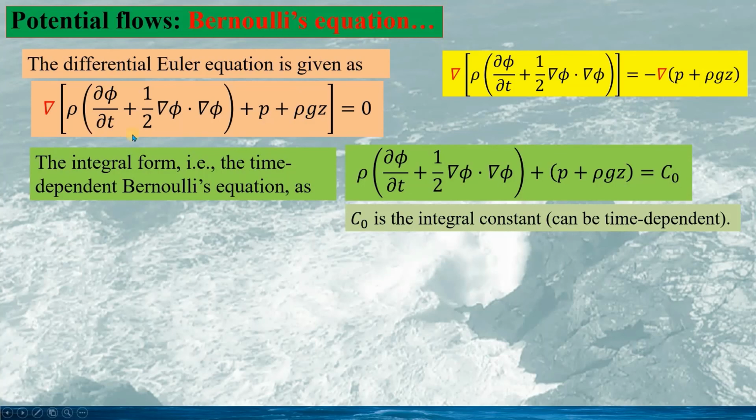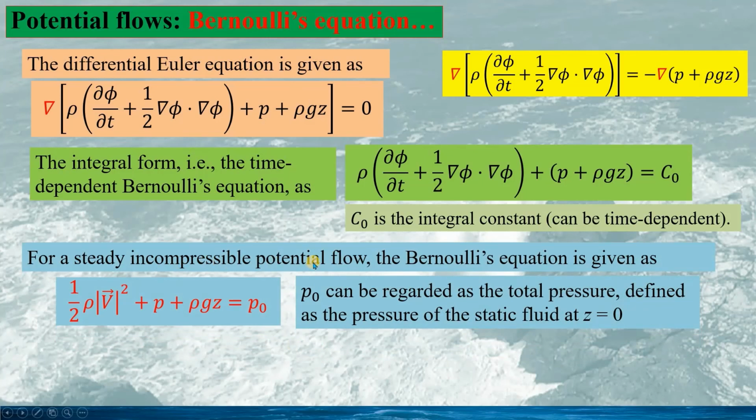So if we integrate this expression, we could have the integral form of the Euler equation for the potential flow given as this. Here, C0 is the integral constant, but it can be time dependent, because if we calculate the gradient of this expression on both sides, we would have the expression as this.